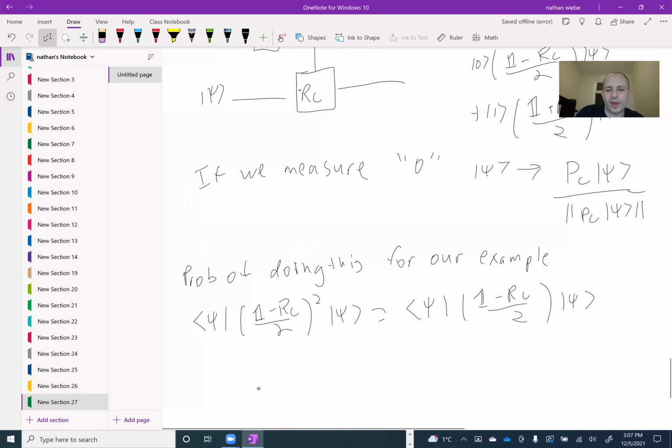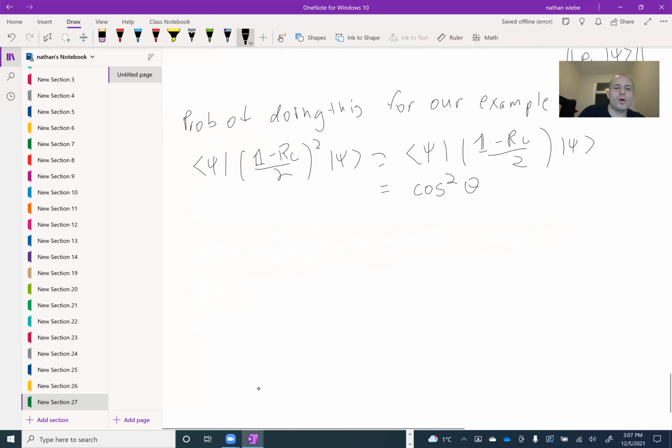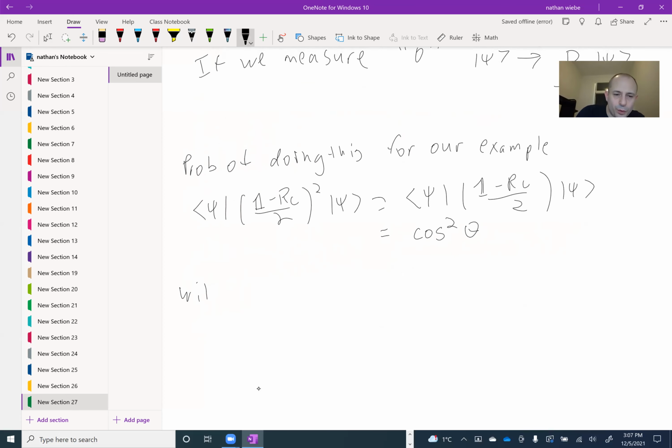Okay, so this is what we end up having. And for our example, this is just equal to cosine squared theta. So what this means is with probability cosine squared theta, the psi-perp component is removed.